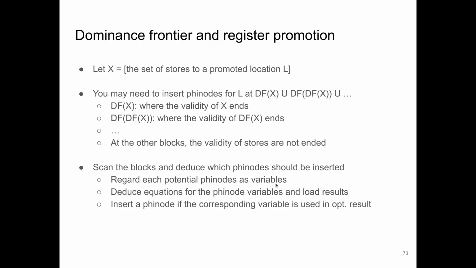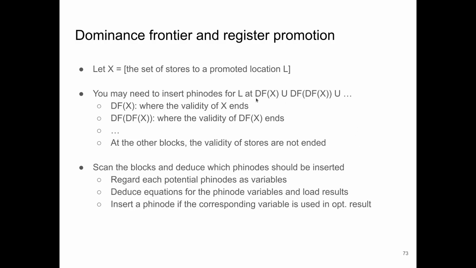We know that you may need to insert phis at the dominance frontier of X here for L, because you may need to prolong the lifetime of a location that is promoted from the location L. So maybe you need to insert phi registers at this dominance frontier of X. That is extending the lifetime of the registers, basically, that is corresponding to the promoted location.